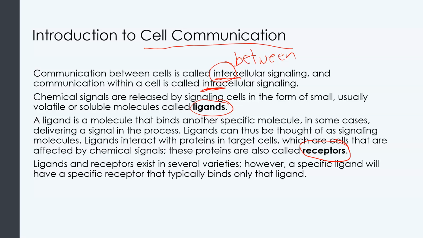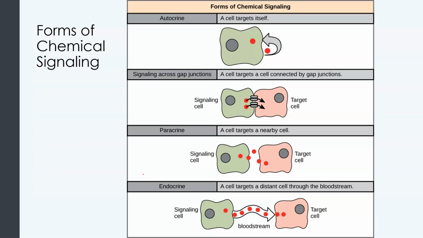So it's important to understand that a specific ligand will have a specific receptor that only binds to that ligand.